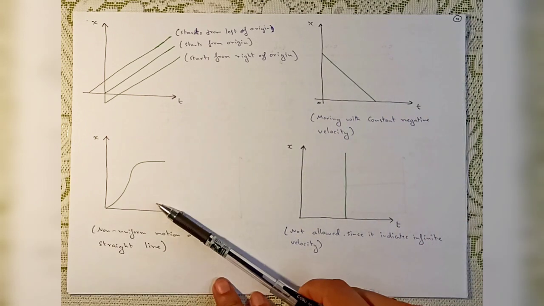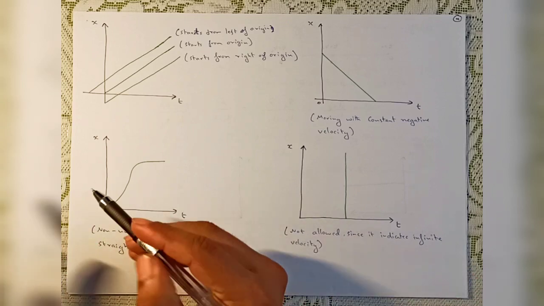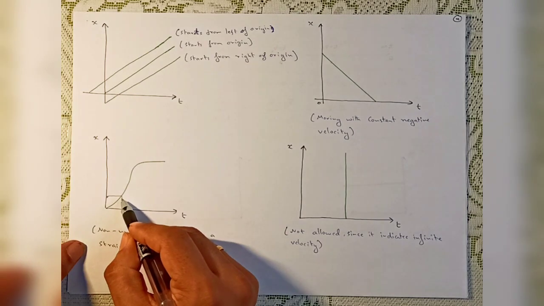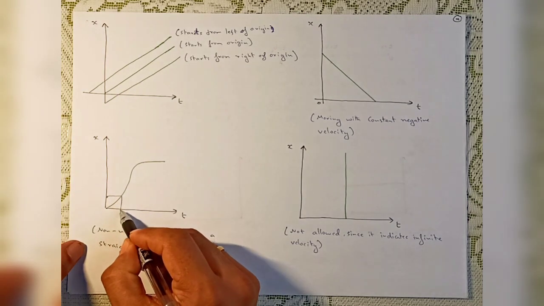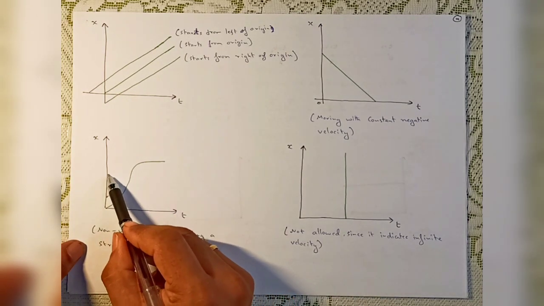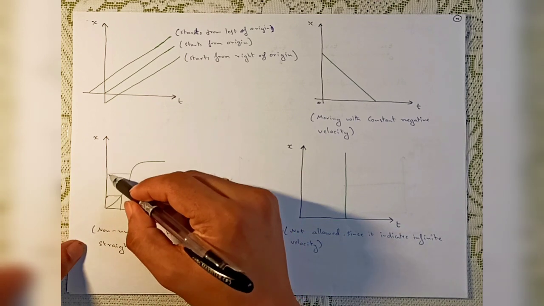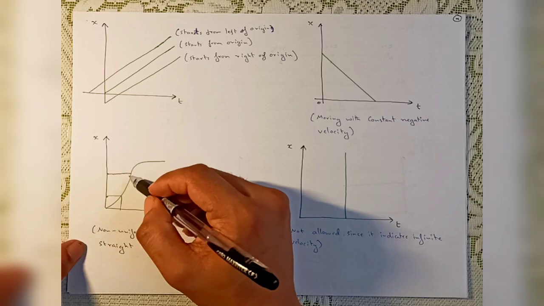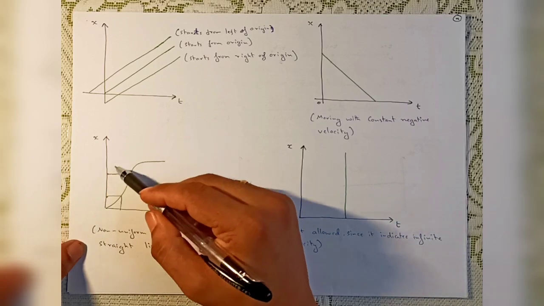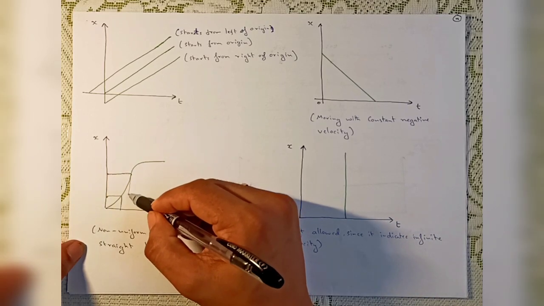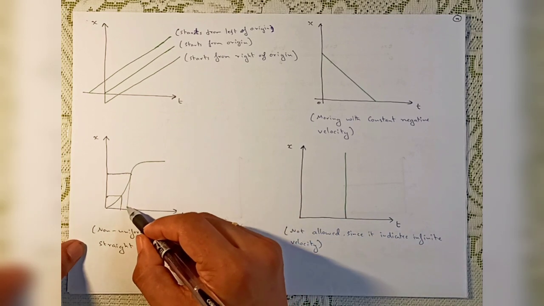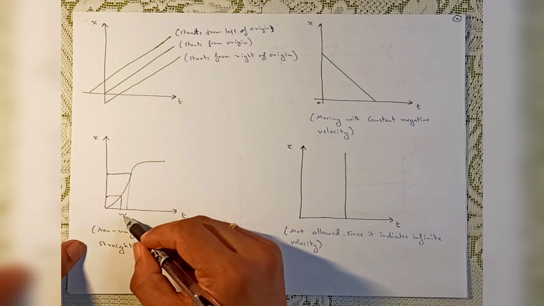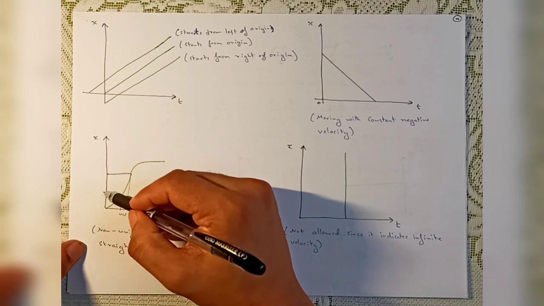And then this motion here, you see that by the time the body reaches somewhere here, it is moving with a constant velocity, but the moment it reaches here, there is a drastic increase in the position of the body. It has moved very far away with respect to time.